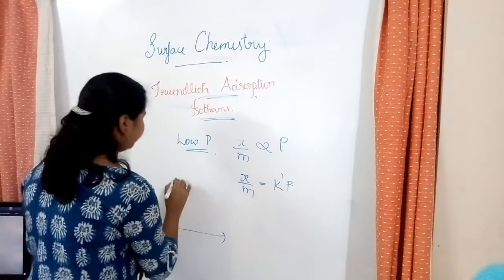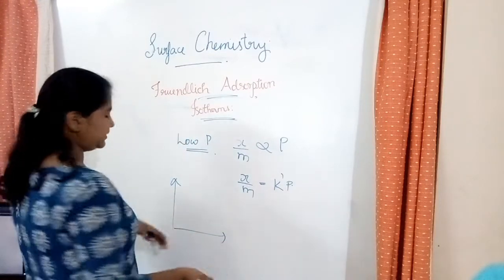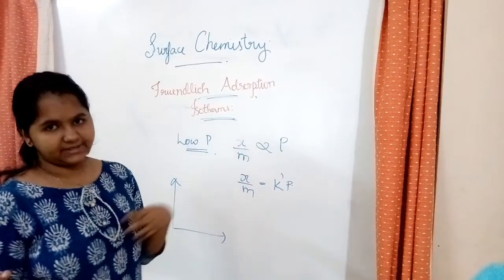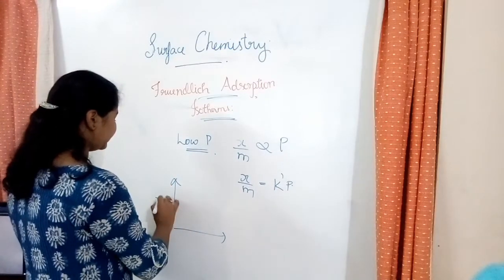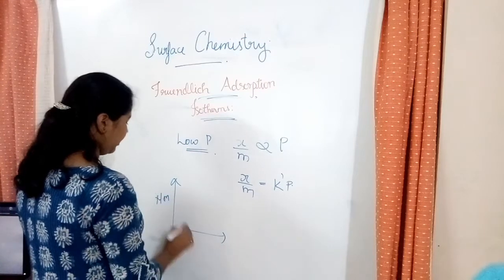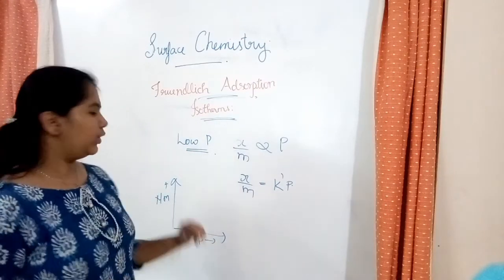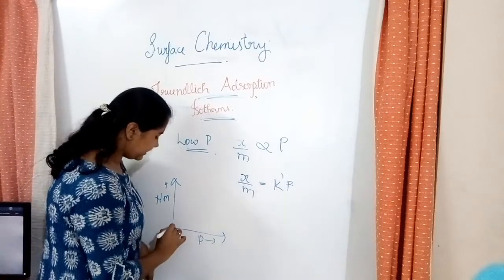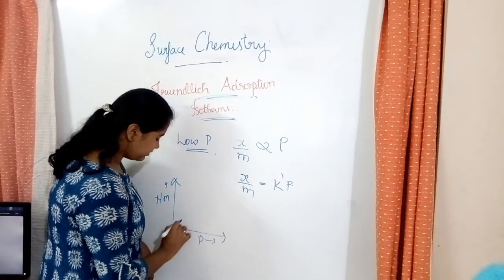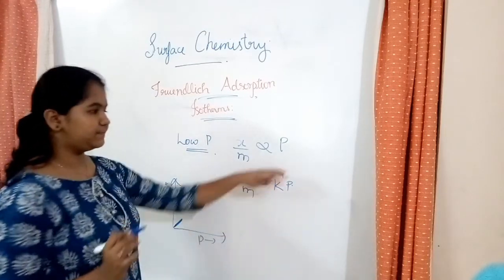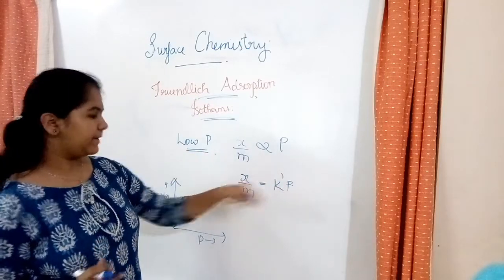We told you the Freundlich adsorption isotherm is a graphical representation. So over here this is x by m and over here it's pressure. The graph is like this. It depends on pressure.